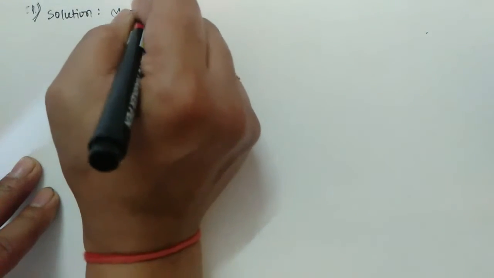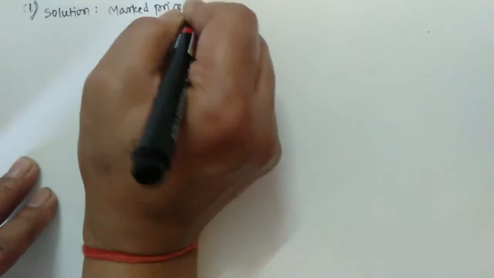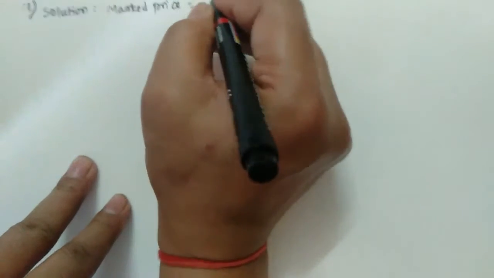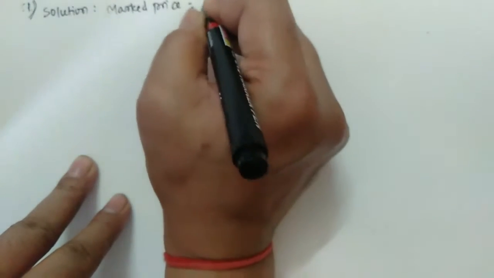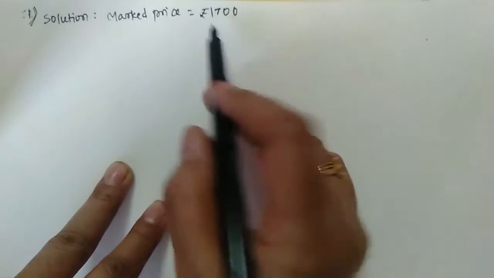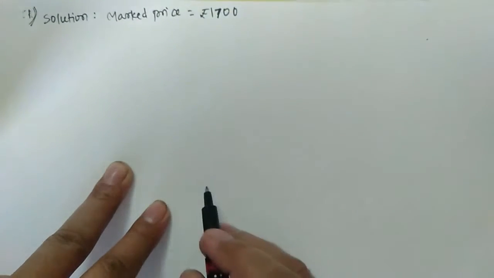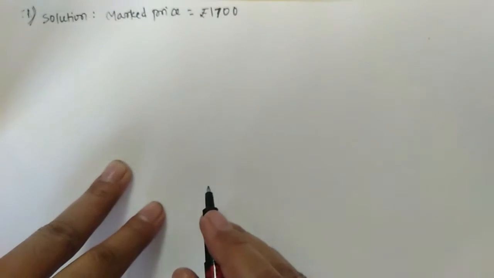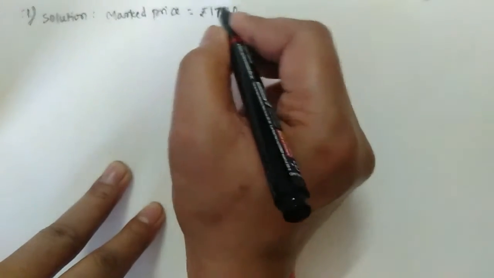Mark price is equal to 1700 rupees. This is the symbol of rupees, and it is always written right before the number or amount.